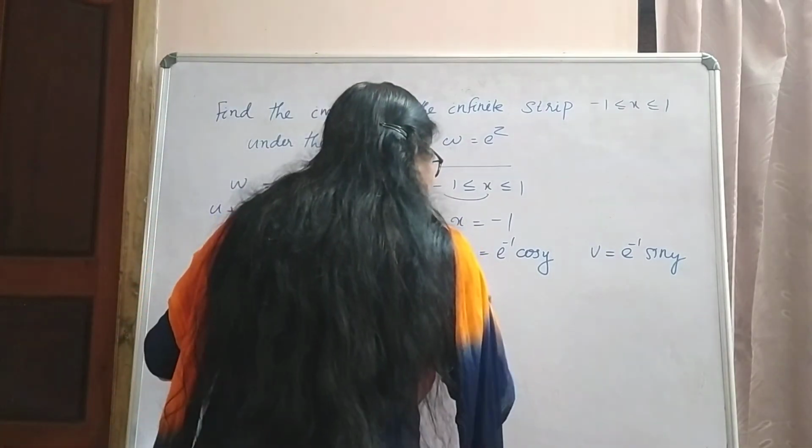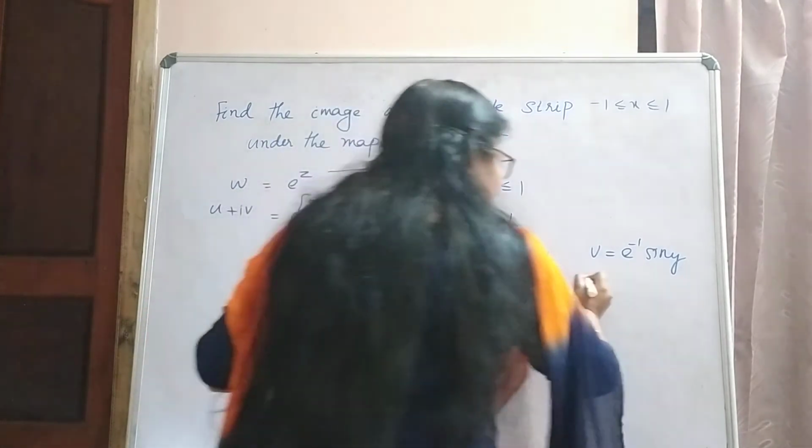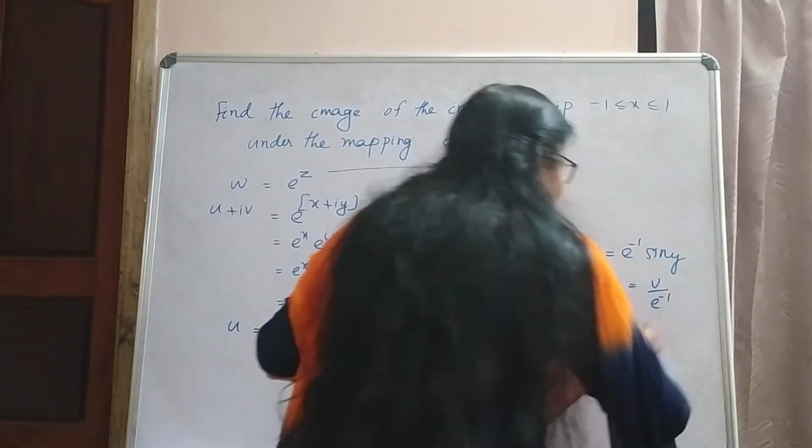Here cos y equal to u by e raised to -1, also sin y equal to v by e raised to -1.